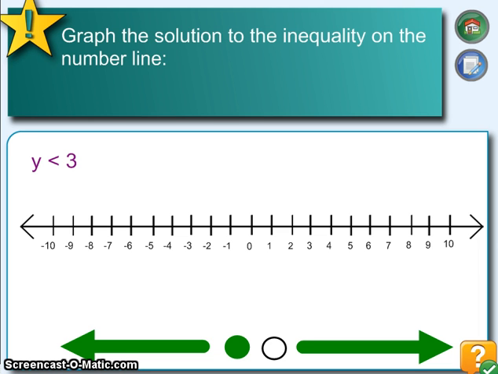So, easiest way to do that is by using a graph. And in this case, our graph is going to consist of a single number line. So, the first problem here we're told that y is less than 3. So there are a couple of rules that you need to know. First off, for greater than or less than, there is no equal to involved with either of these inequalities.